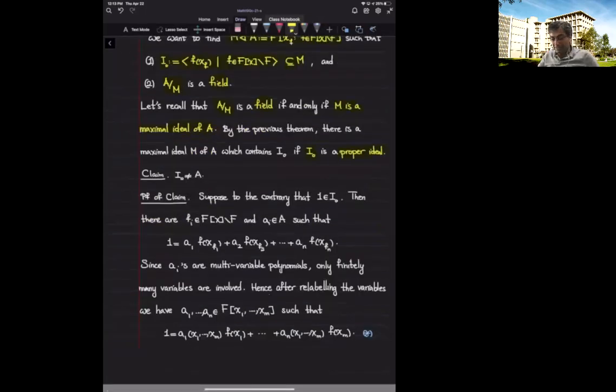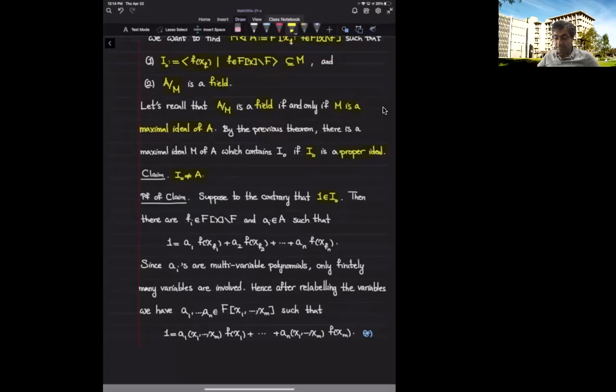Let's see why I naught is proper. Suppose to the contrary that it is not proper. That means 1 belongs to this ideal. What does that mean? I naught is an ideal generated by these elements. This means every element inside I naught is a linear combination of these elements.